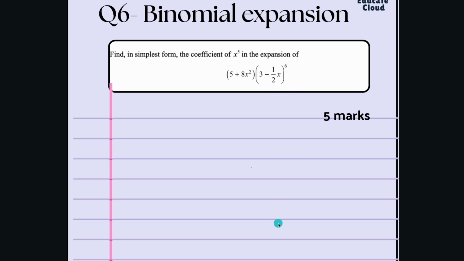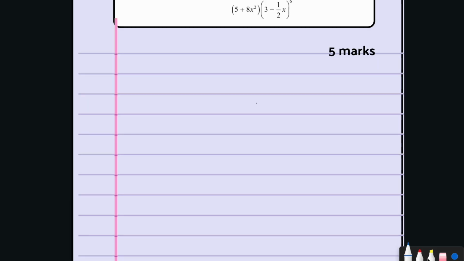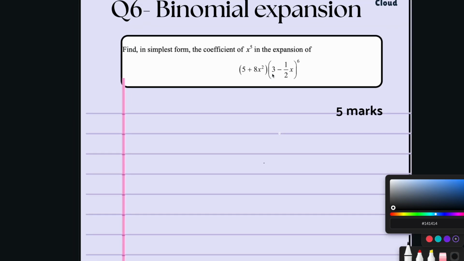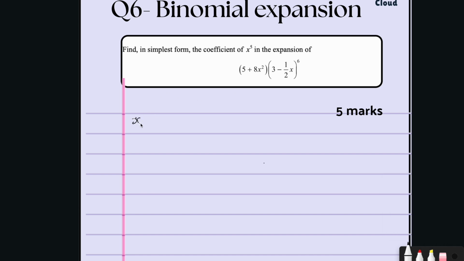So the trick here is that for all natural numbers you would use the n choose r and the x plus y to the power of n, and for any rational numbers like negatives or fractional powers, you would use the other one, 1 plus x to the power of n.